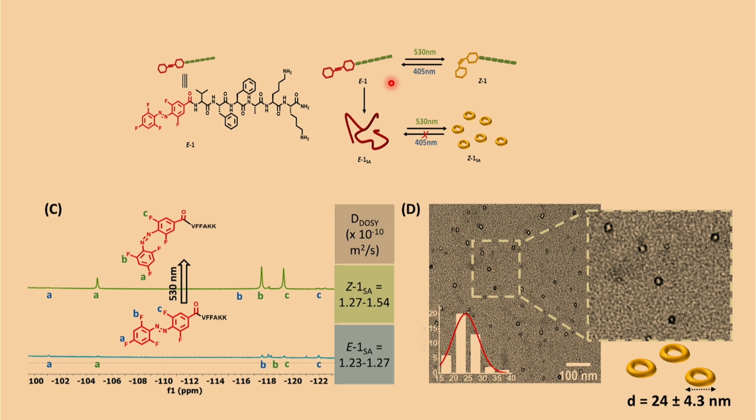Now if you convert that E form into Z form in the monomeric form and throw that monomer into water, it will do nothing. But if you start from the fibers and then shine light, then it will form such kind of toroid. This is important. That means the in situ change is very important.